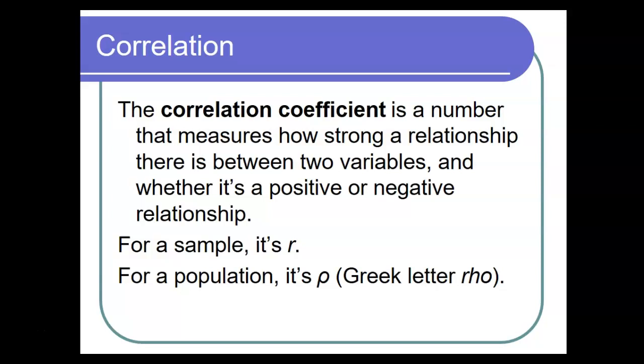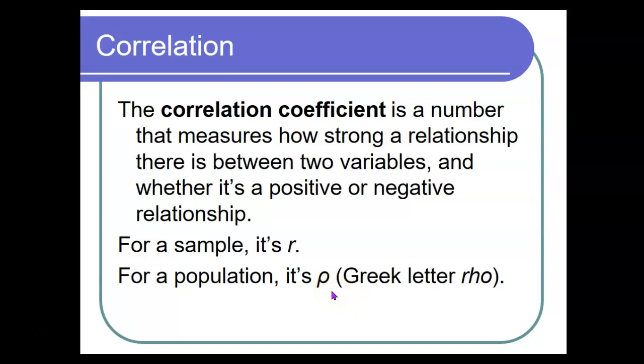So if you have a sample, some sample data, and you calculate the correlation coefficient from that, the symbol for that number is R. For a population, it's the Greek letter rho. It looks sort of like a P, but it's actually the Greek version of the letter R. So pronounced rho.